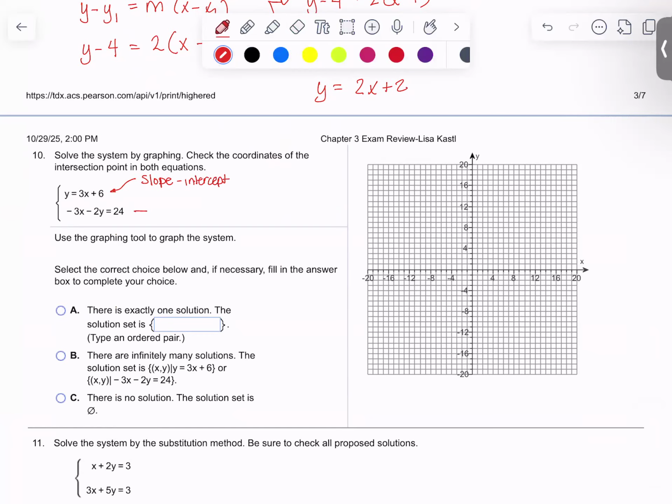The second line, I would use intercepts because it is in that kind of general form where it would be easy for me to find the x and y intercepts. Okay, so the first line, the y-intercept is 6.